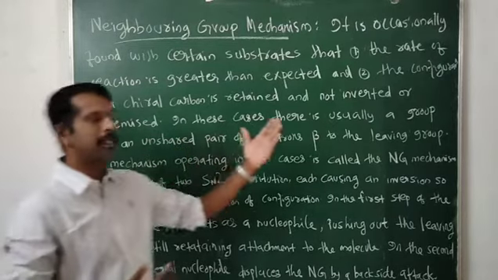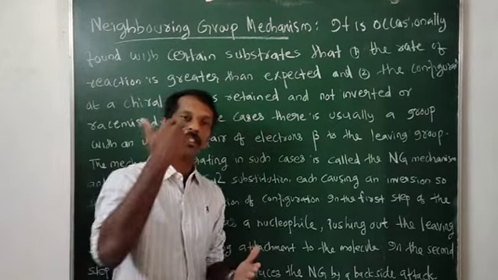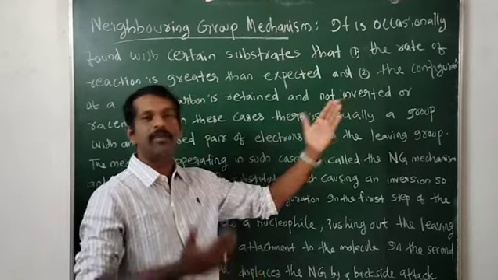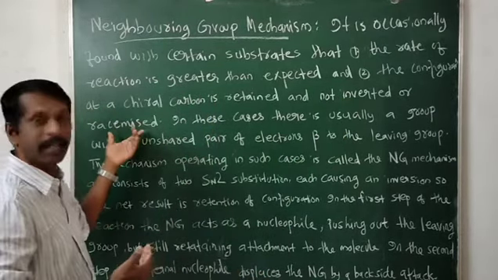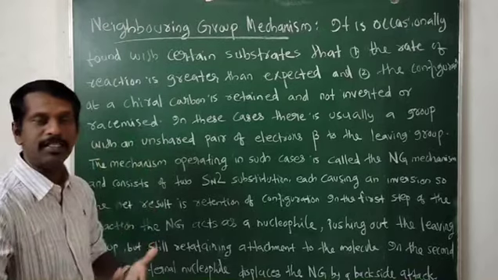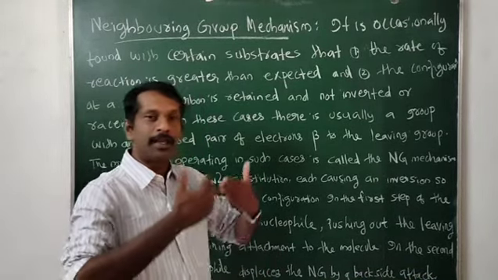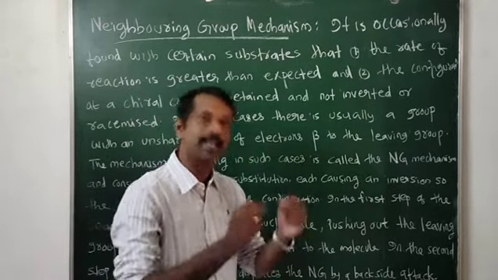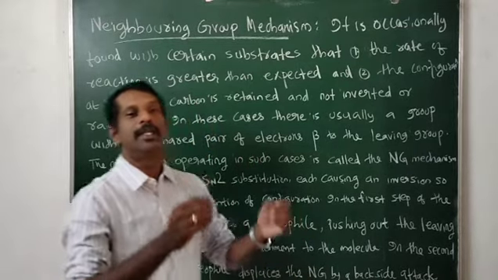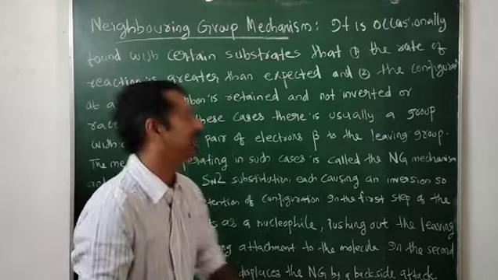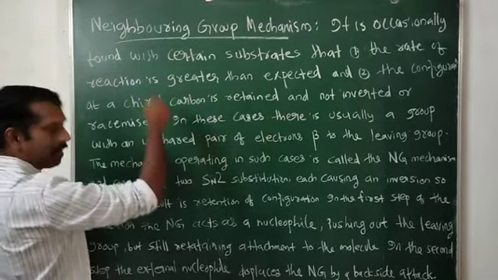That means we know that the reaction via SN2 is inversion and via SN1 is racemization. But here you can see that the reaction is not undergoing inversion or racemization, but the configuration is retained. Now, why is this happening?